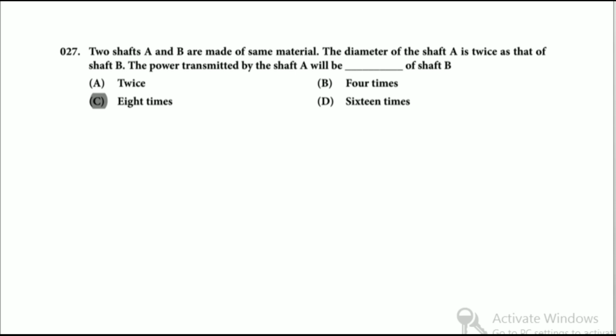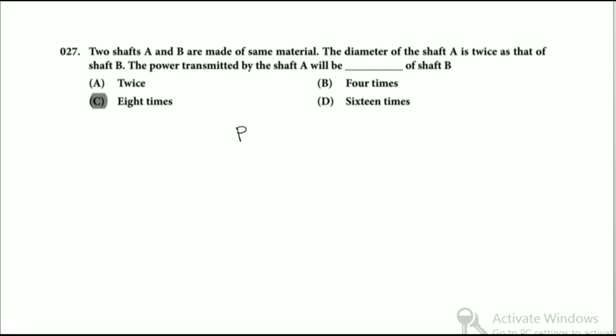Question number 27. Two shafts A and B are made of the same material. The diameter of shaft A is twice that of shaft B. The power transmitted by shaft A will be dash of the shaft B. It's very easy if you know the relation between the power transmitted by a shaft with respect to the diameter, then you will be able to have an answer.